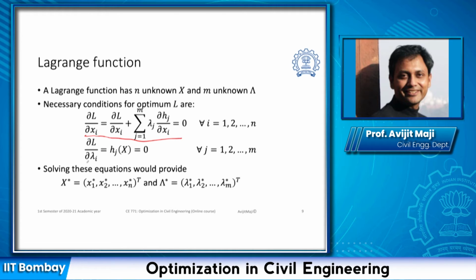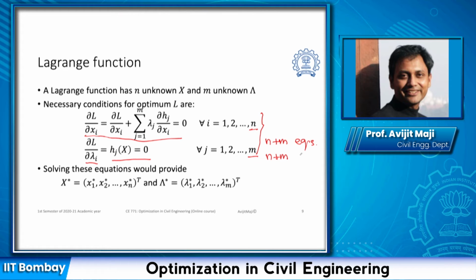Once we take the partial derivative with respect to the lambda values, we can easily obtain the equality constraint, which was our third necessary condition in the two variable optimization problem with one constraint. In these equations, we have n equations from this and m equations for this. So in total we have n plus m equations, and our unknowns are also n plus m.